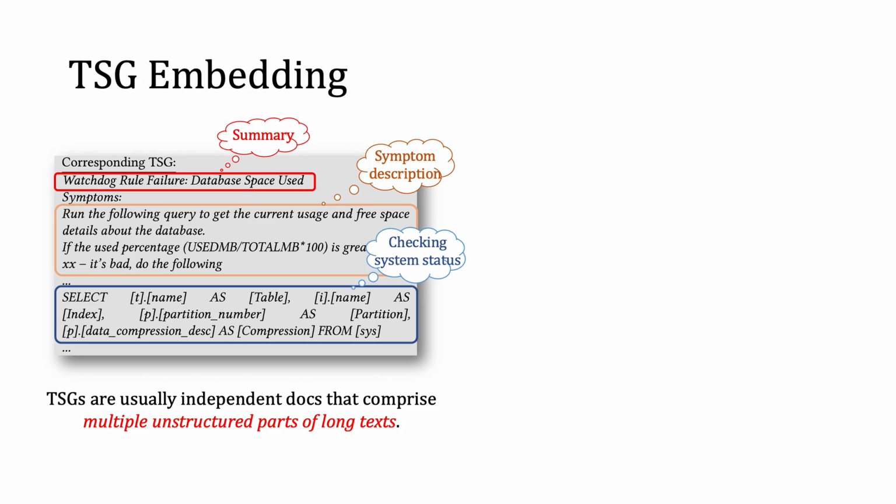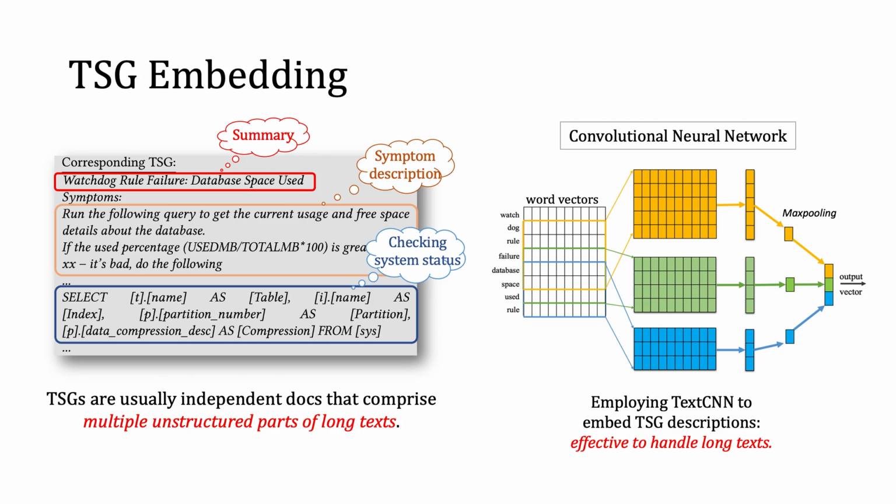For example, a TSG usually includes a short summary about the incidents it handles, the symptoms of the systems that the incidents produce, and many other aspects. In order to better capture the critical information, we employed a text CNN model for TSG embedding, which was proven to be effective at handling long texts.